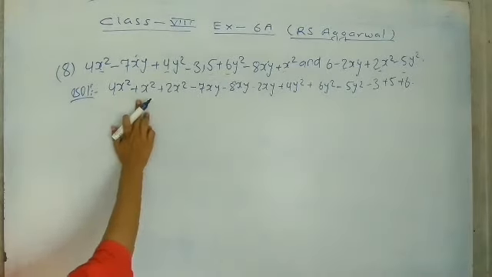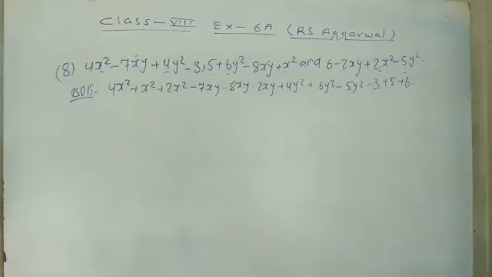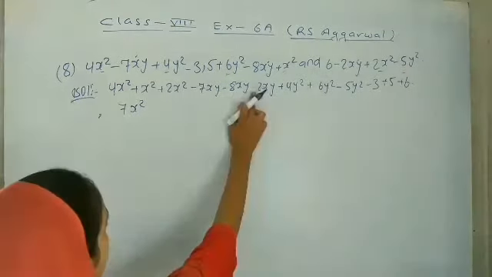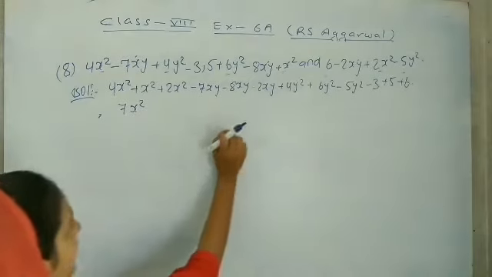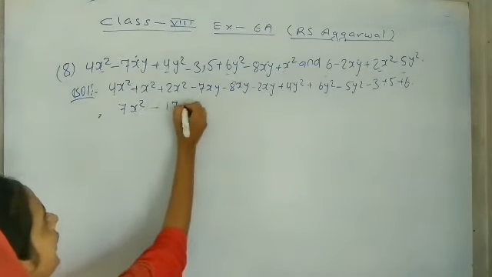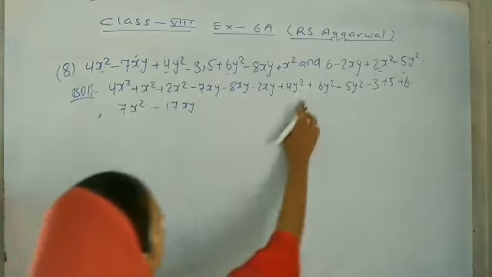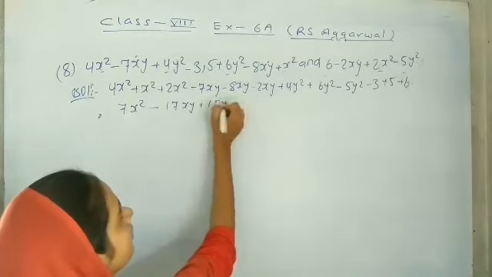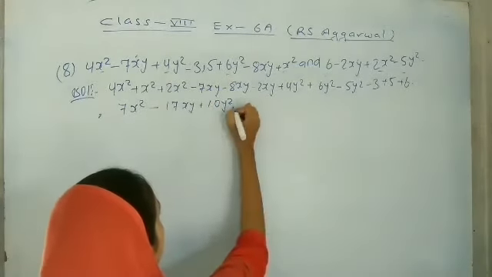4, 1, x is means 1, we add: 7x square. Minus minus plus, and here minus minus plus means they will all add, but the sign will have minus. There is 17xy, and here plus 10y square, and here is minus 5y square, so plus 5y square.